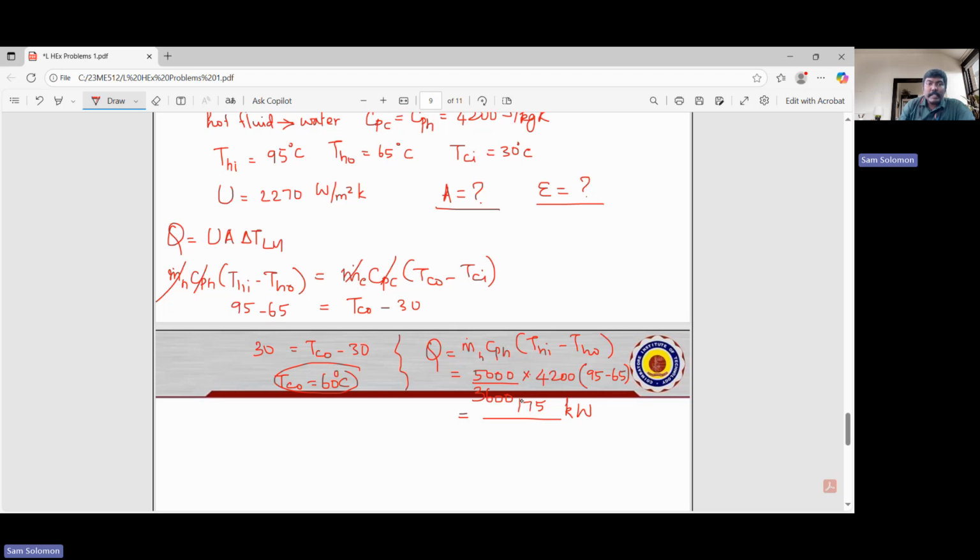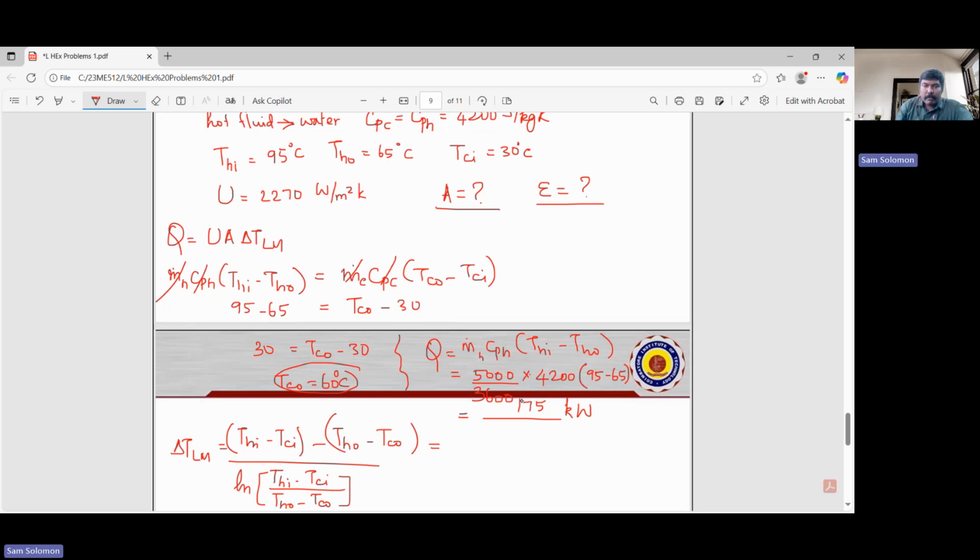Okay, so now delta TLM, we can find out. It's a parallel flow heat exchanger again. So THI minus TCI minus THO minus TCO whole divided by ln of THI minus TCI divided by THO minus TCO.